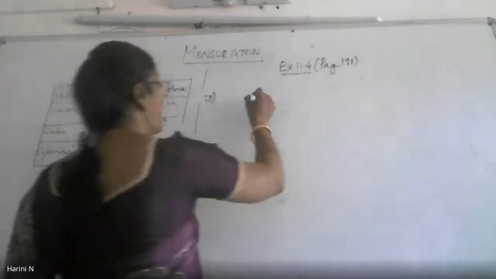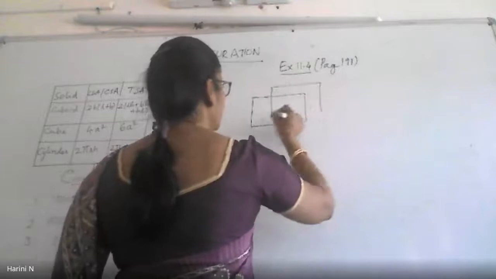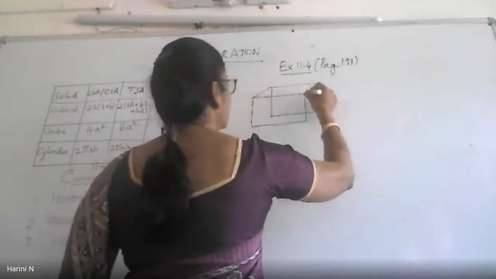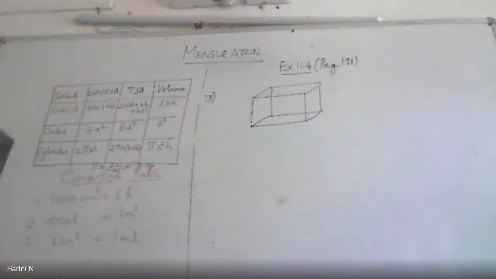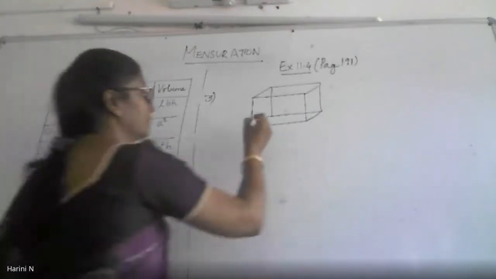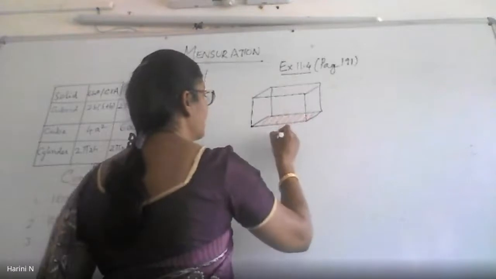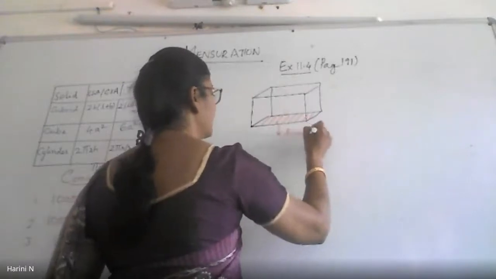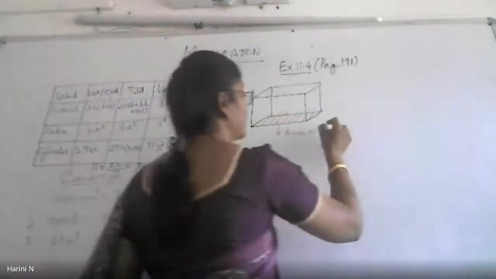So we have a cuboid. Immediately you should imagine a cuboid. We are given the base area. So this is the base. This area is given as 180 centimeters square.